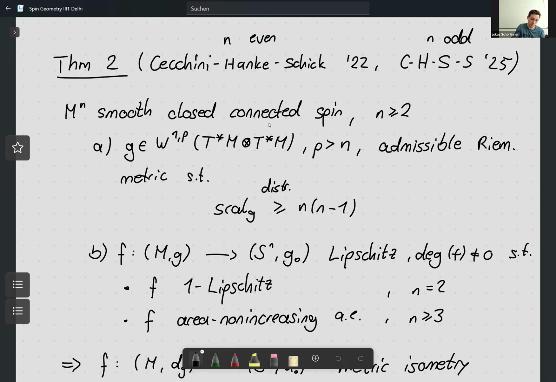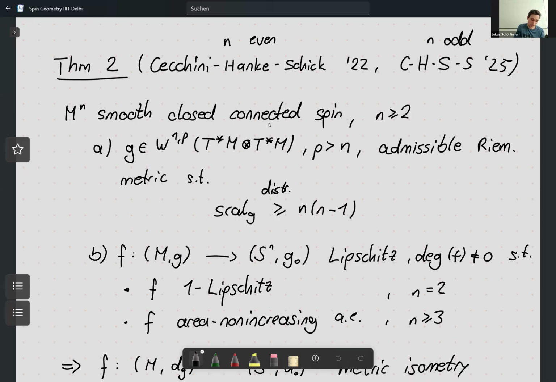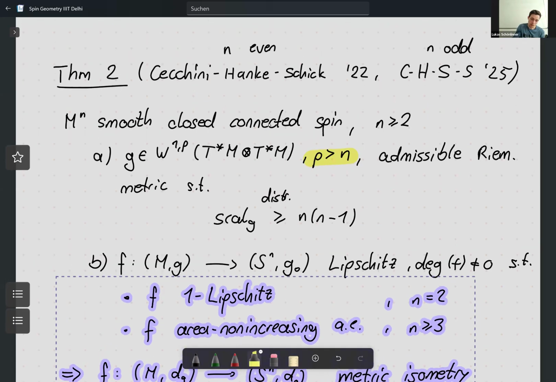Namely, what we do is relax the assumption on the metric to allow metrics that are not smooth anymore, but rather have some Sobolev regularity. And here this p > n relates to the Sobolev embedding theorem. That's the boundary case of Sobolev embedding. And this is also needed to define the scalar curvature of g in this distributional sense.